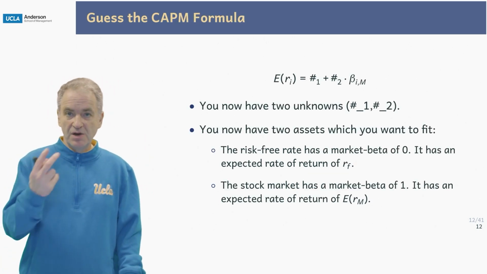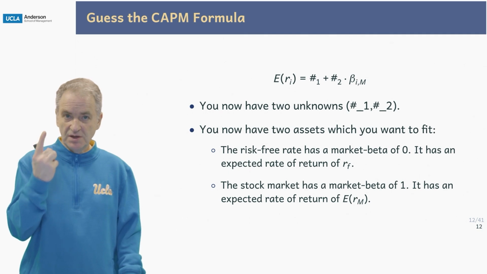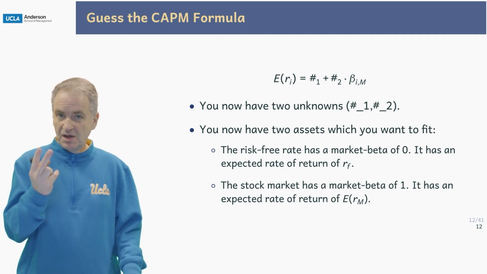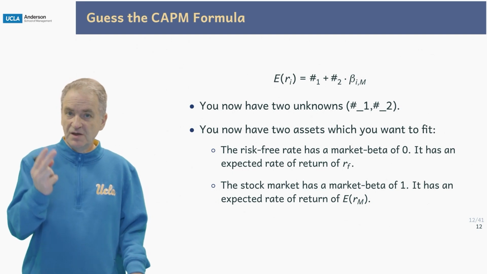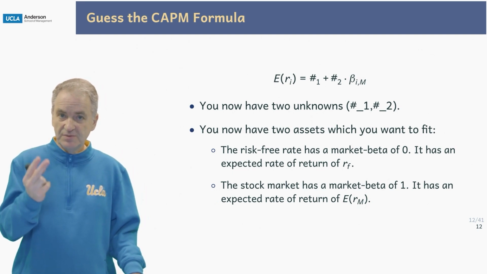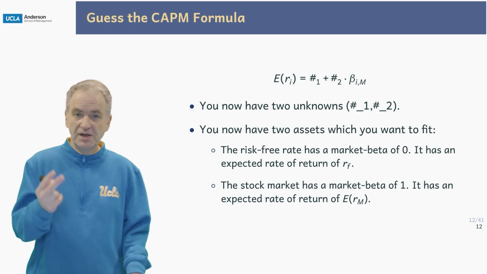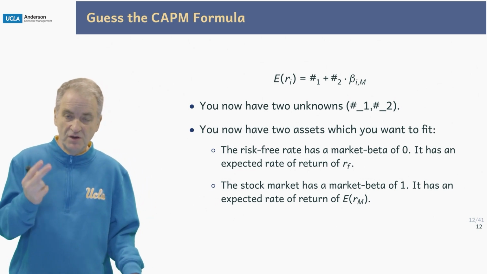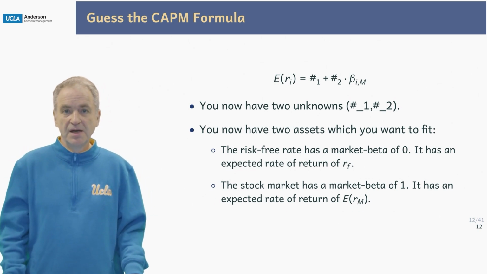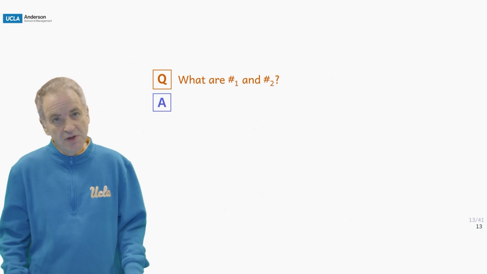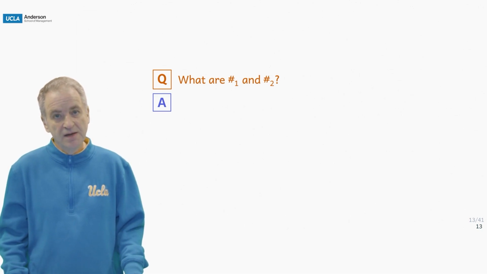So now I have two unknowns, constant 1 and constant 2, and I want to fit two numbers here. I want to fit for beta of 0 an expected rate of return of R_F, and for beta of 1 an expected rate of return of E[R_M]. What are 1 and 2?